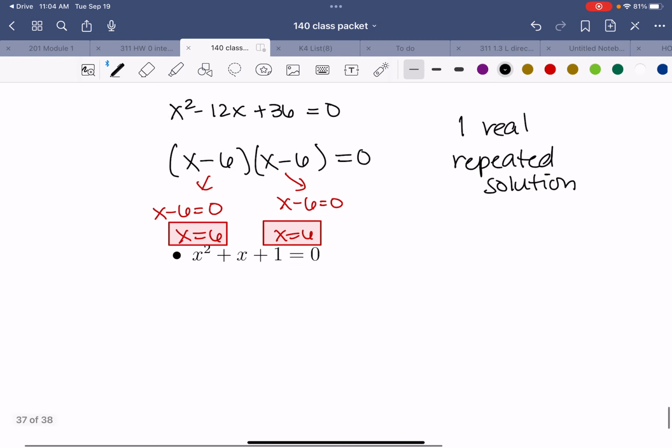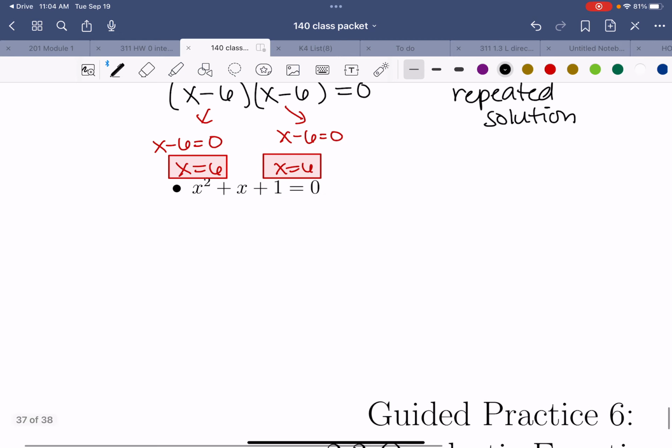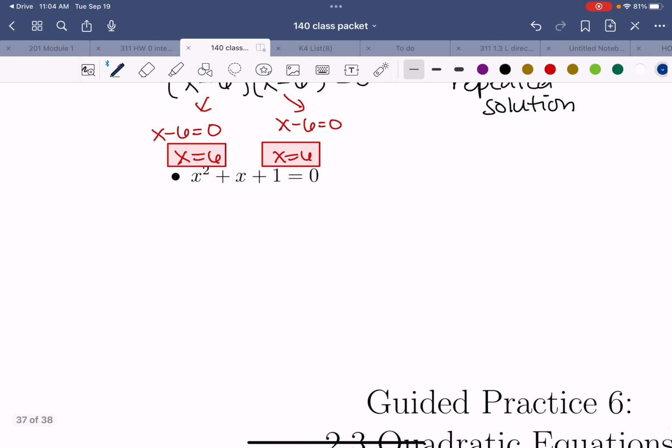Okay. And in our last one down here, I've got factors of 1 that add to 1. I don't think that's going to work, so let's try our quadratic formula on this one. That means my a is 1, my b is 1, and my c is 1. So x equals negative b, so negative 1, plus or minus the square root of b squared, so 1 squared is 1, minus 4 times a times c.